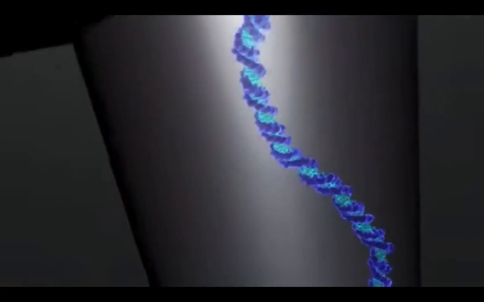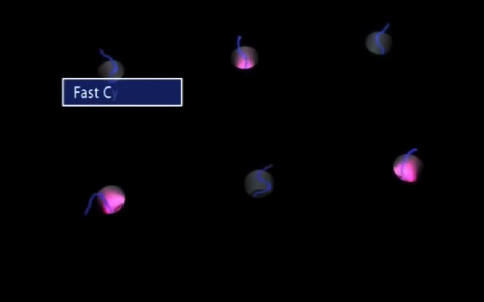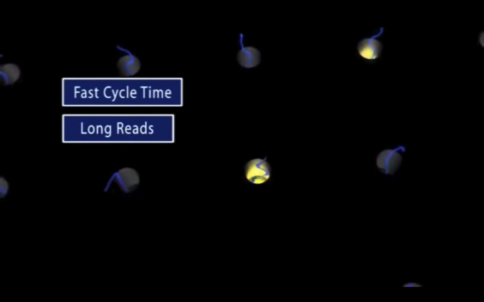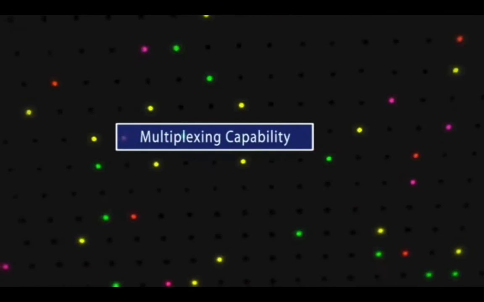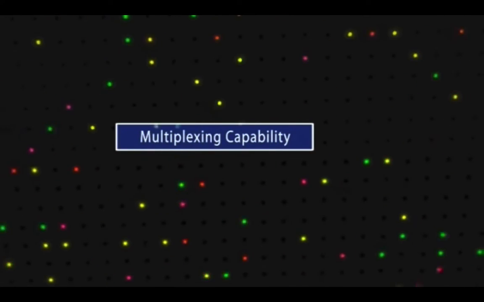Our SMART sequencing harnesses the polymerase's natural ability to synthesize 10 or more bases per second over thousands of continuous incorporations, leading to high speed and long read sequencing. Additionally, our SMART technology design allows simultaneous multiplexing of thousands of ZMWs in parallel, all concurrently replicating DNA in real time.